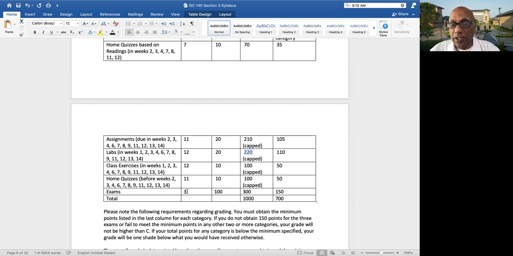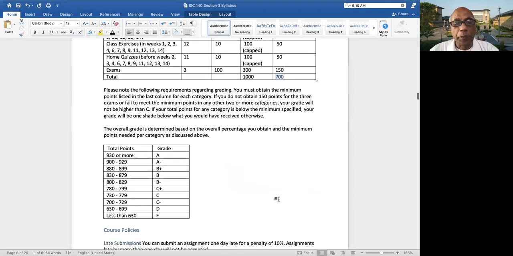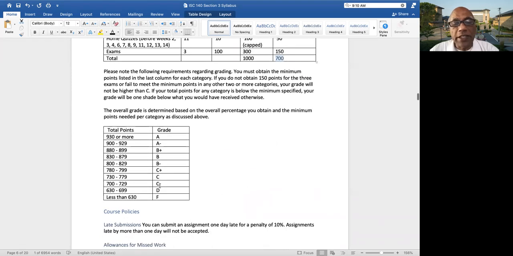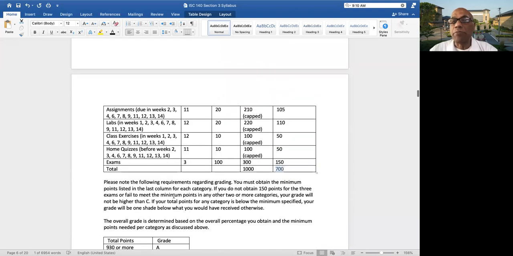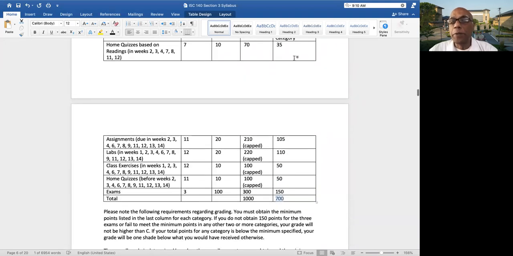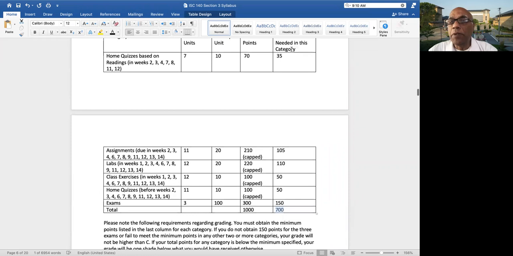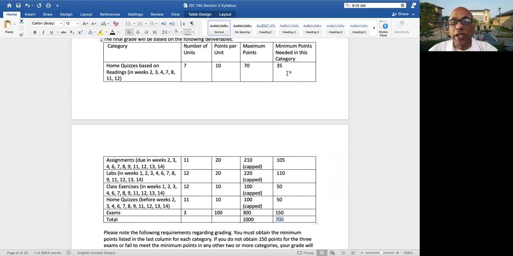There are 3 exams. As I said, there is no cumulative final, for a total of 300. All these add up to 1,000, and you have to get a 700 to get a C minus. So your course grade will be based on this table, but subject to obtaining a minimum number of points for each category.